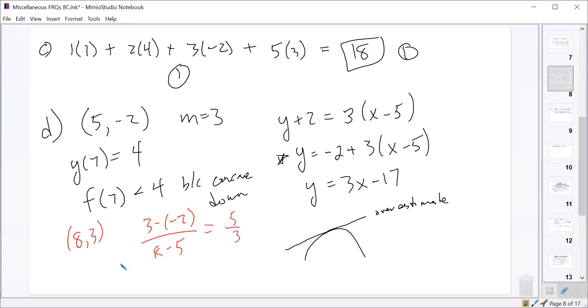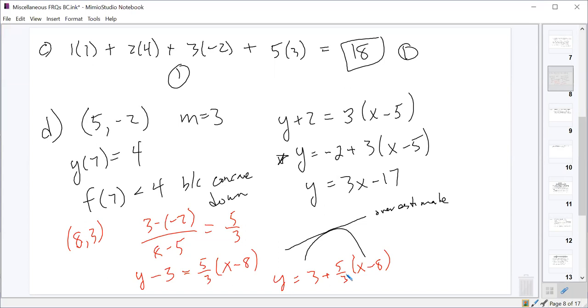And so now our equation ought to be y. You can use either one you want. I'll use 8, 3. Y minus 3 equals 5/3 times x minus 8. Or if you prefer, y equals 3 plus 5/3 of x minus 8, or if you prefer, distribute it all out. Everybody good with that?